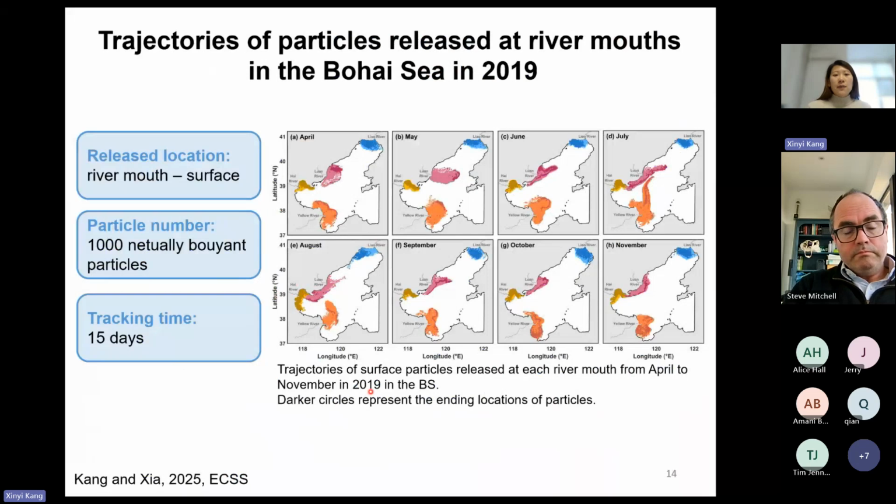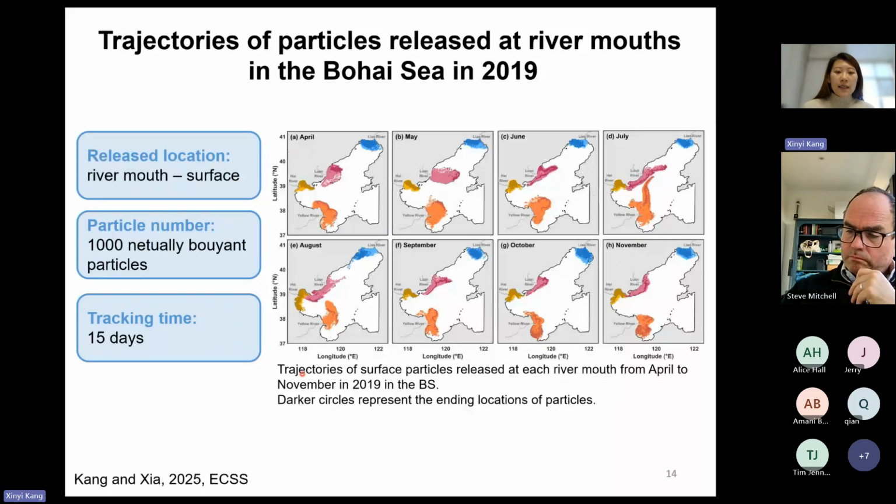We didn't do any simulations for the winter time because Liaodong Bay in the north is partially ice covered during winter. So our model simulation period starts from March to November, and we chose the whole of March as the model spin-up time. So for the result discussion, we only focus on April to November.